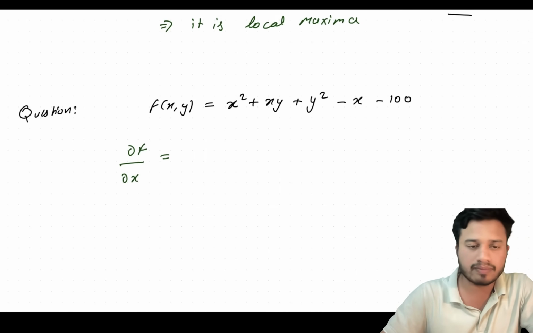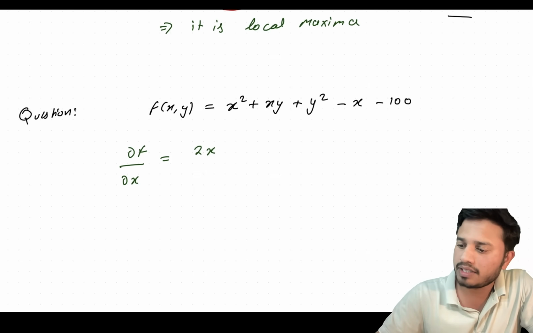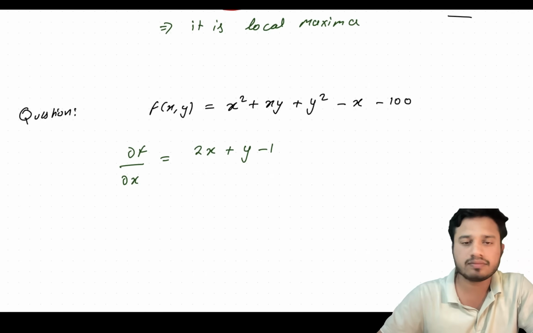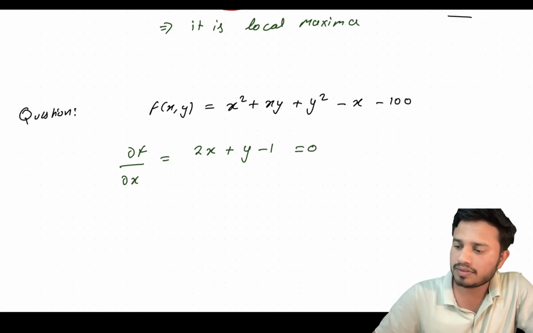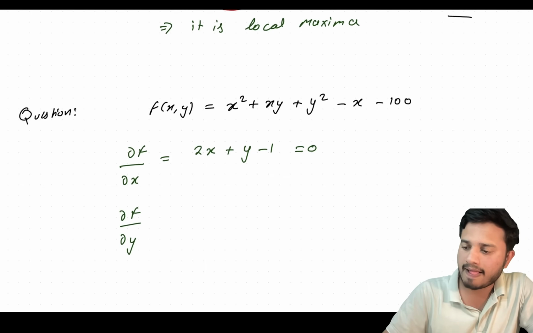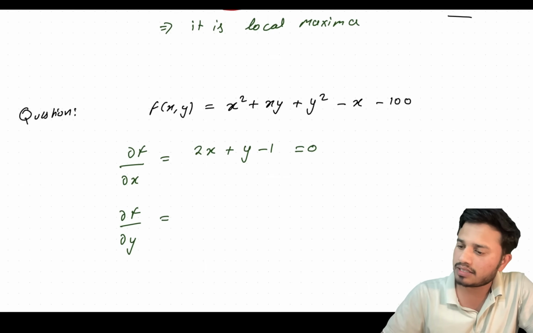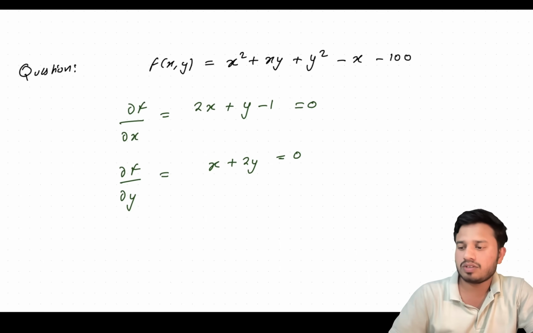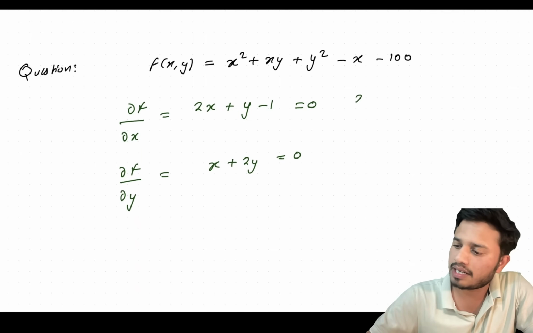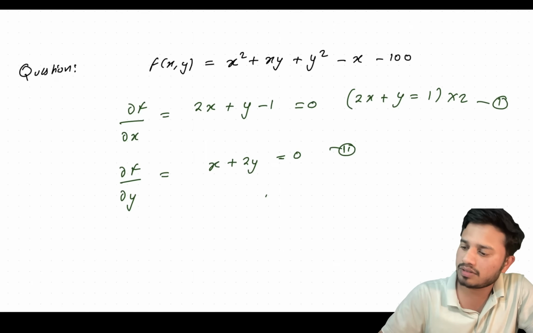So take the partial derivative of f with respect to x, put it equal to 0 and solve the equation, and then do the partial derivative of f with respect to y, and solve it.